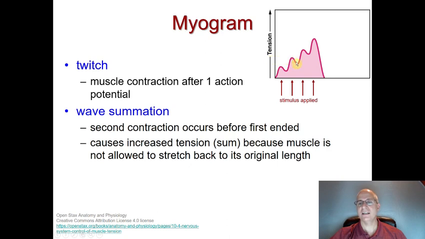There's more tension in it. And another one's going to happen here, and then another one's going to happen here. So every time you do that, the muscle is going to contract with more tension or more force. And this process of sending these action potentials so fast that the muscle isn't allowed to relax is wave summation.